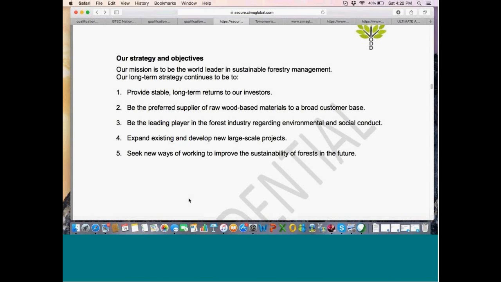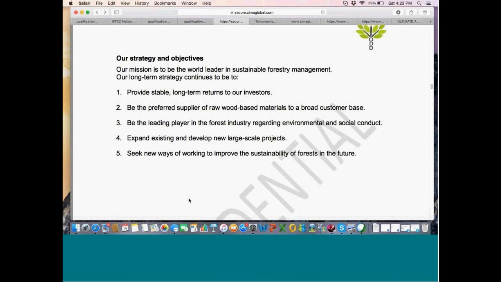Coffee is coffee at the end of the day, but the way it's grown, how the farmers are treated becomes quite important, right? Now, they could also go into something like managing small plots of farmland of people, and they could play that management role as well, because they're a leading player in the forest industry regarding environmental and social conduct.